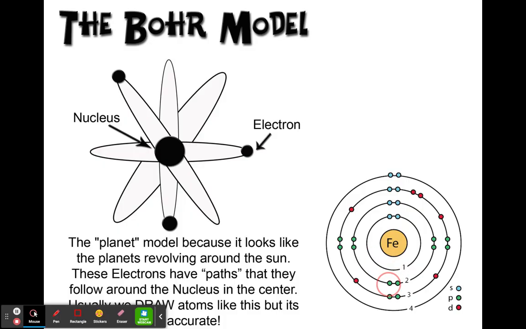And so we usually draw the atoms like this, with the electrons going around the atom like planets around the solar system, but this is not the accurate model. We use it a lot because we can use it to simplify and explain things more easily, but this is not correct or as accurate as we would like.